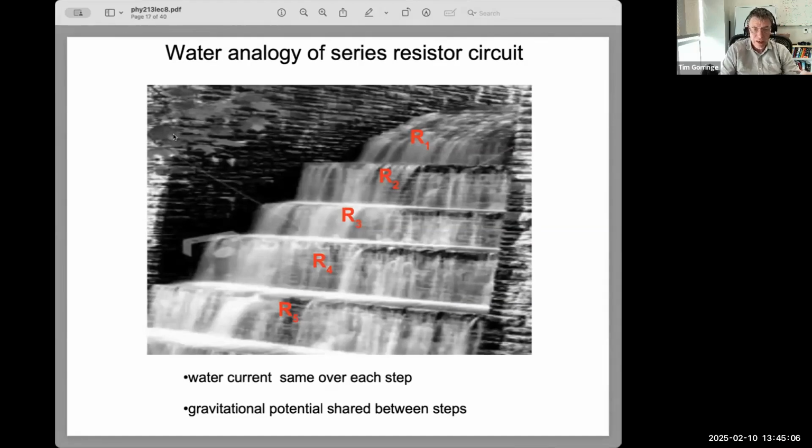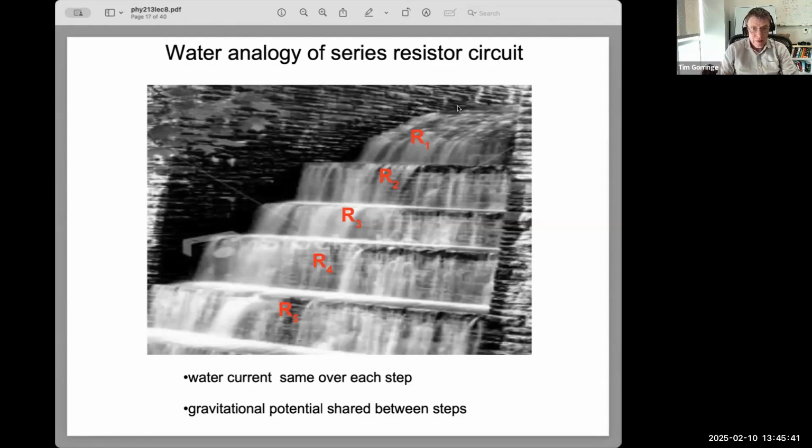This picture shows an analogy to the current flowing through series resistors, the analogy with water flowing down this waterfall. So in series resistors, the electrical current is flowing through each resistor. Here, the water current is flowing through each step. In a series circuit, the electrical potential is shared between the individual resistors.